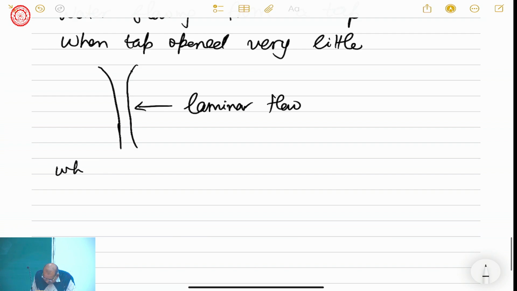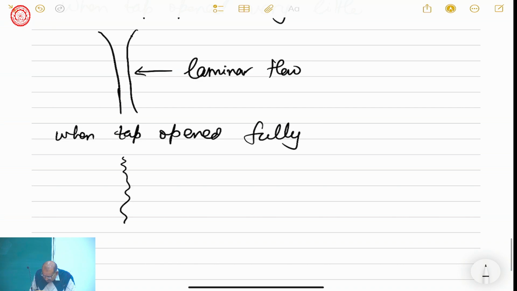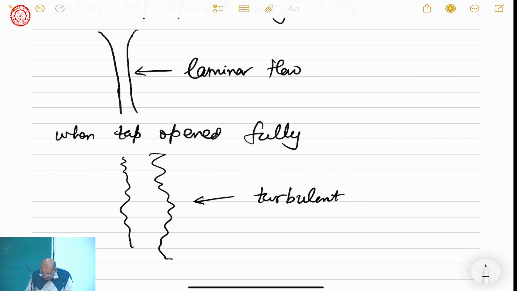And when tap opened fully, now this is not so wrong English, then what you find is that the stream looks like this, and this is turbulent flow.